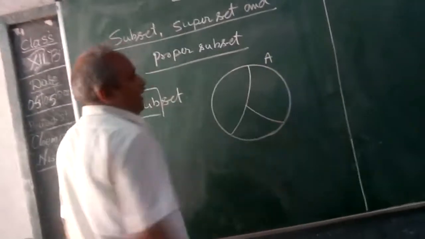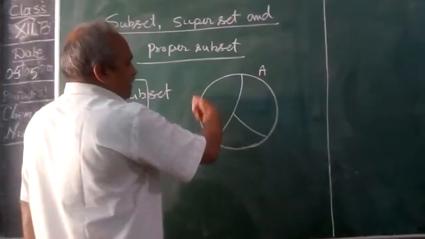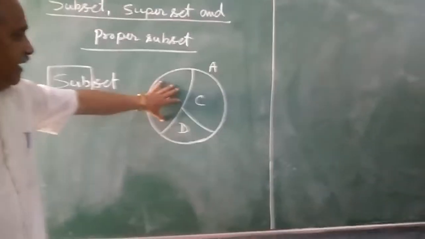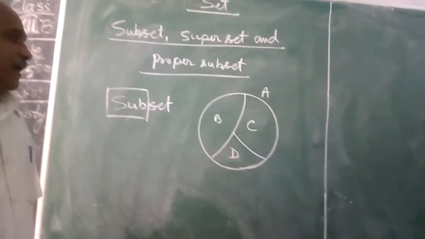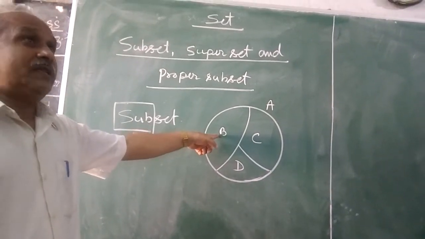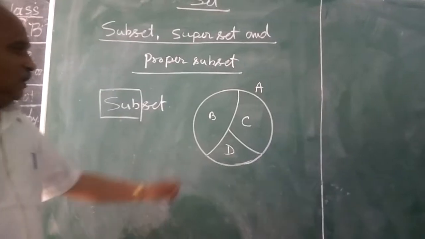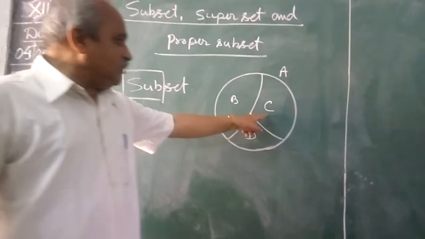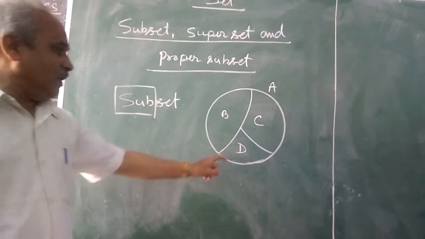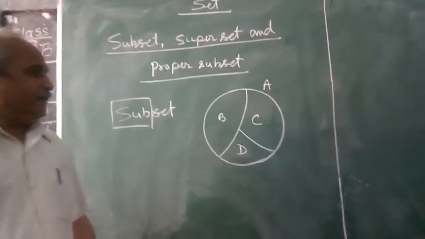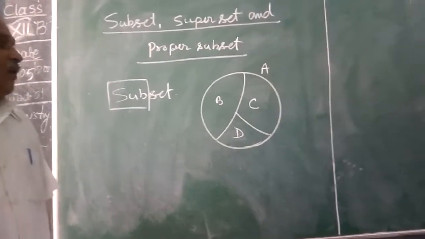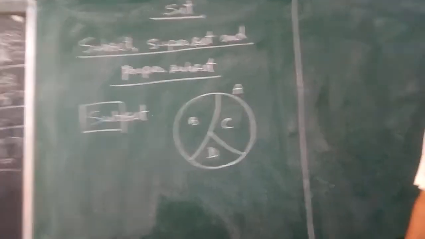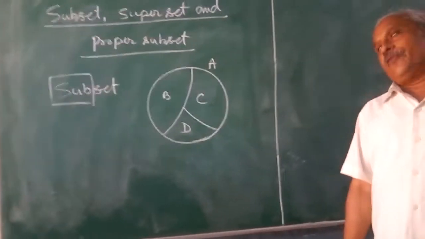If we call it A, and if its different parts are denoted by B, C, D, then B is a part of A. Mathematically, we call it B is the subset of A. Similarly, C is a part of the set A. Therefore, C is also a subset of A. D is a part of A, then D is also a subset of A. Now, I hope it is clear what is the meaning of subset, part of a set.